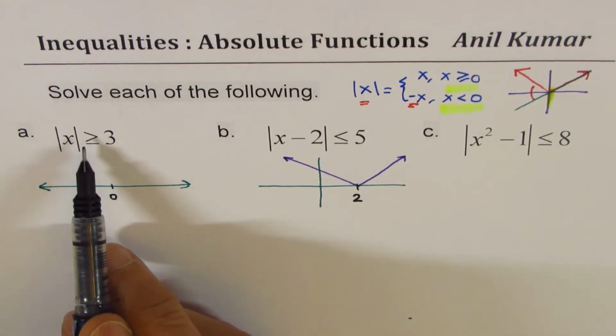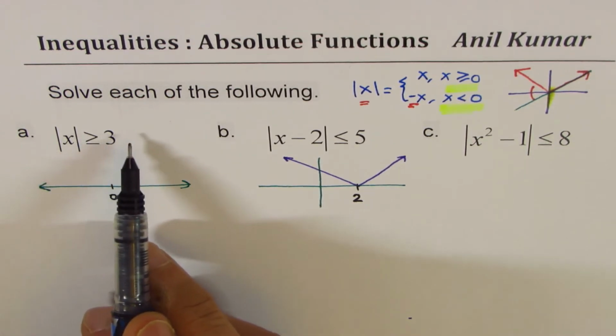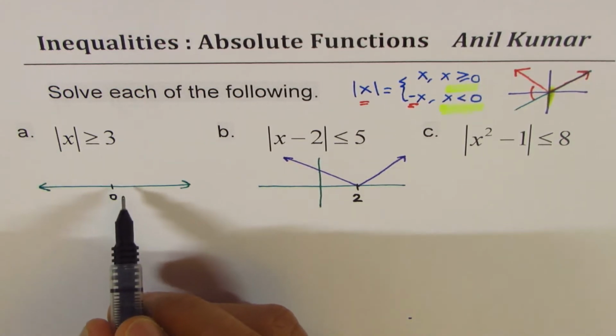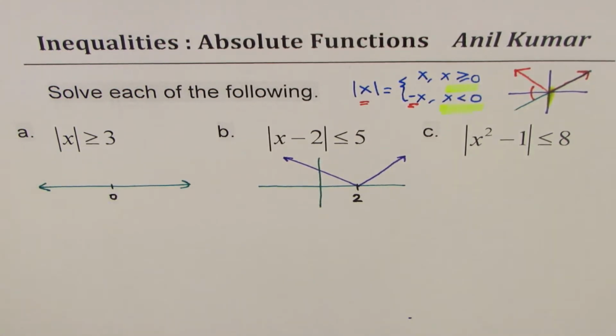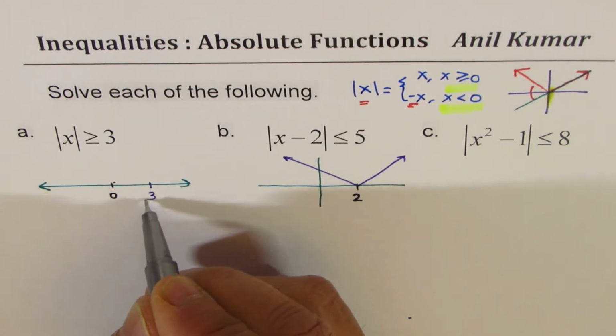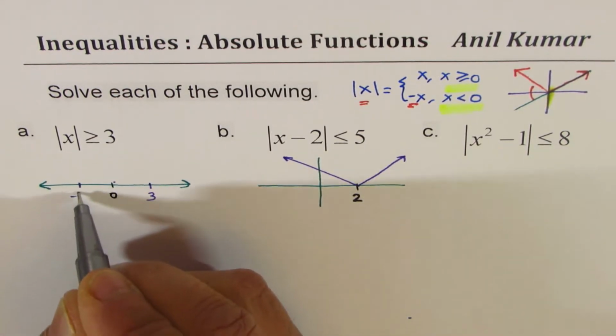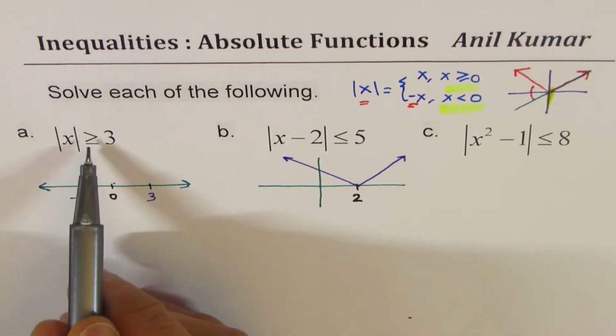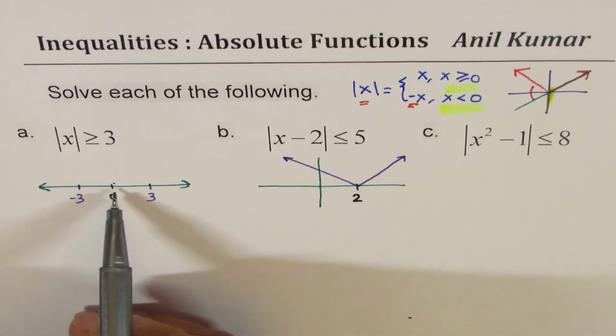We want the value to be greater than 3. Now absolute value greater than 3 really means that from here the distance, if I say 3 here and minus 3 there, then what I'm trying to say is that we should be 3 units away from this point.